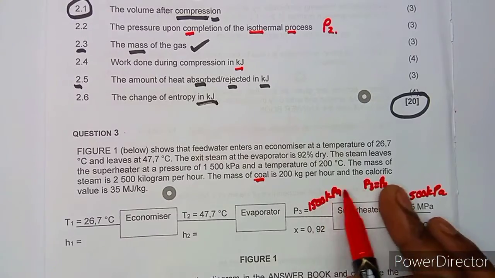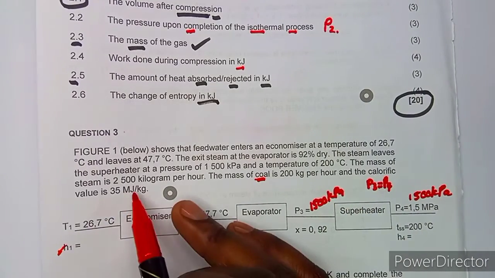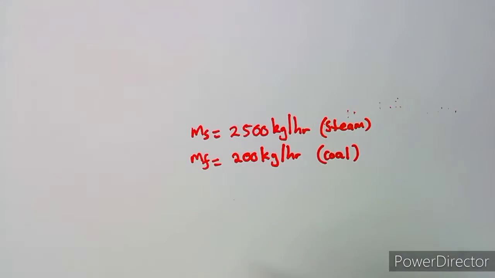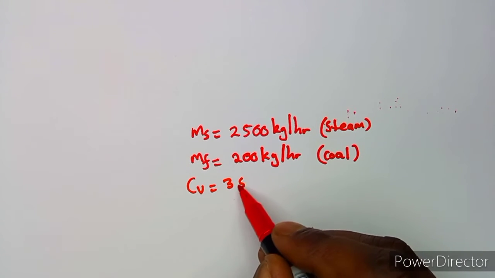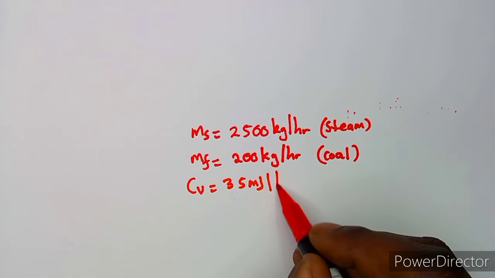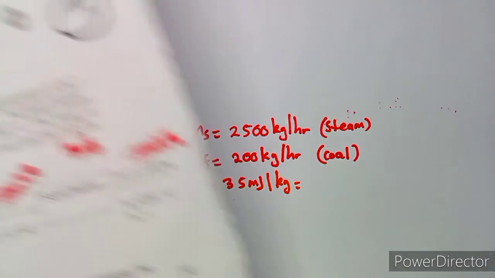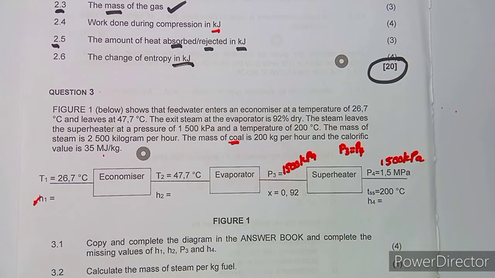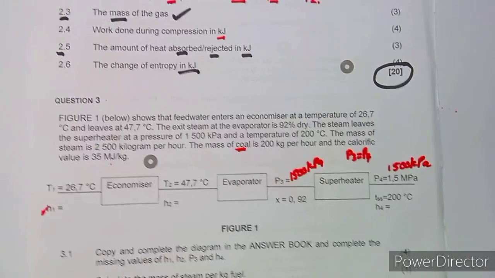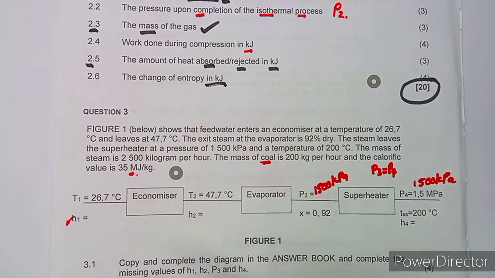Then you're given the calorific value, which is 35 megajoules per kg. But as you can see, our units, guys, are in kilopascals and kilo, so we are supposed to write this in kilo too. How do we convert 35 mega to kilo?